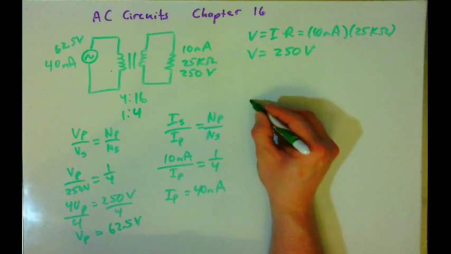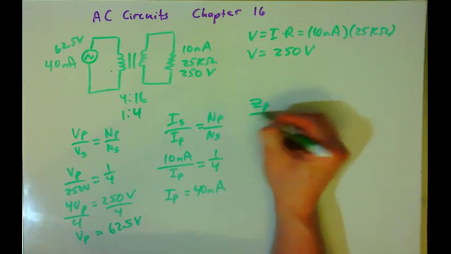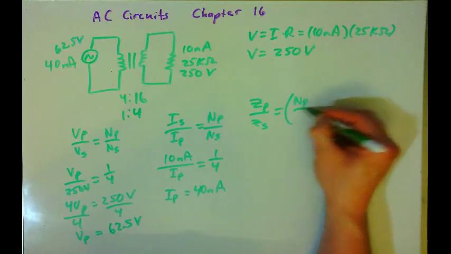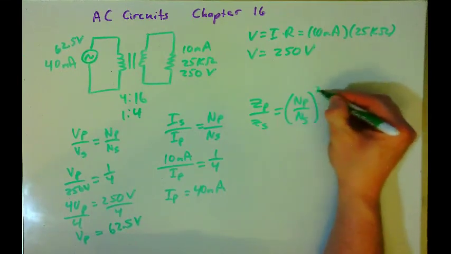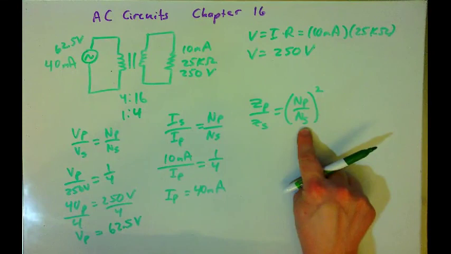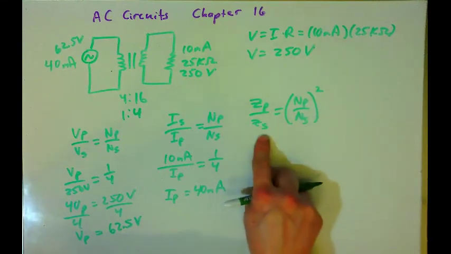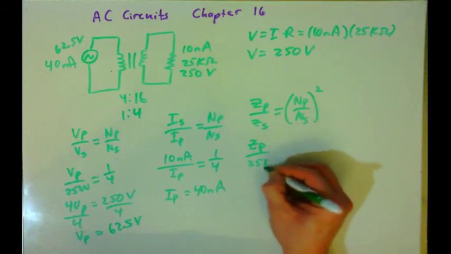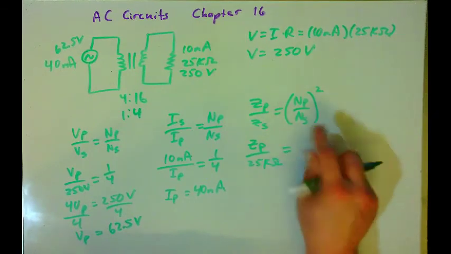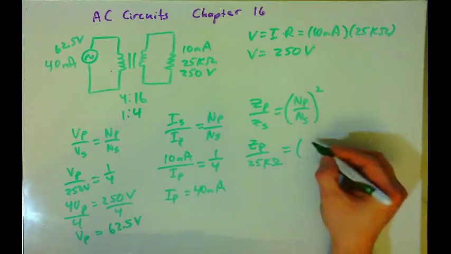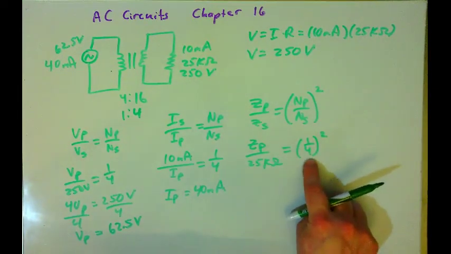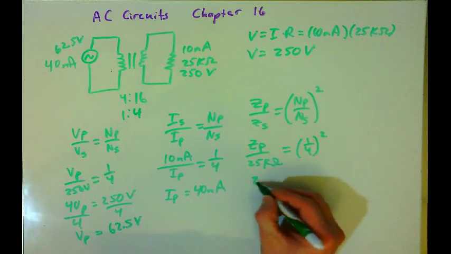Finally, we can find the impedance. So the impedance ratio, ZP over ZS, is equal to the square of the turns ratio. Turns ratio is still 1/4. Secondary impedance is 25 kiloohms. So ZP over 25 kiloohms is equal to 1/4 squared. And so 1/4 squared is 1/16.